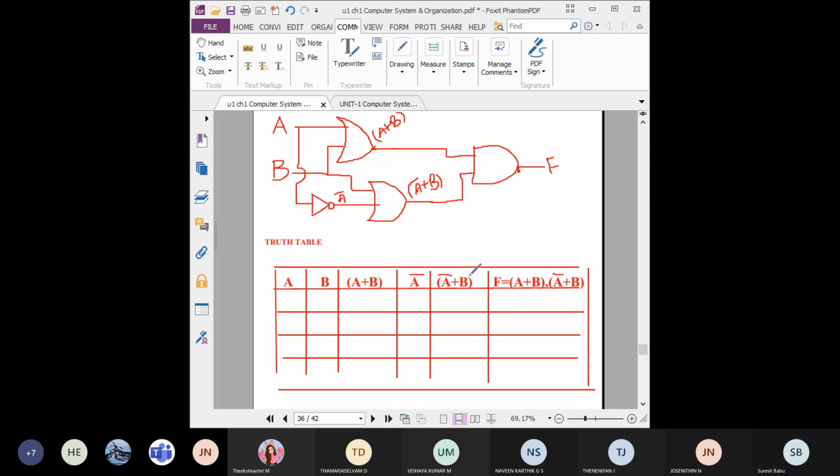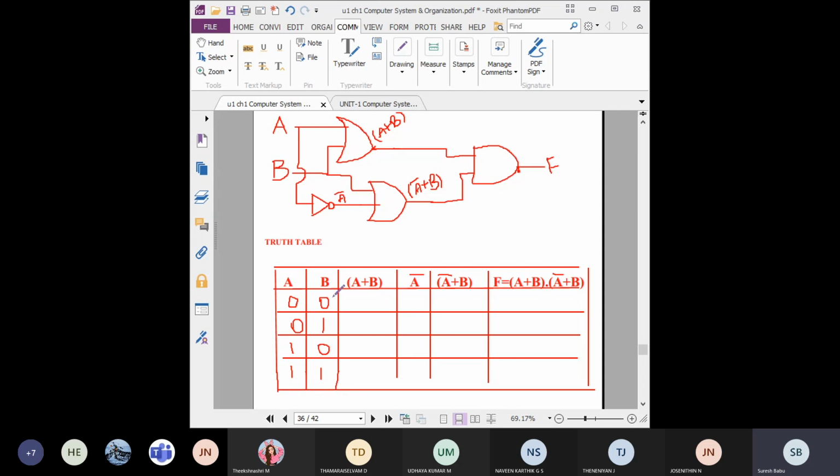Now I am going to write this. What are the possibilities? First one 0 0, then 0 1, then 1 0, 1 1. These are the four possibilities.